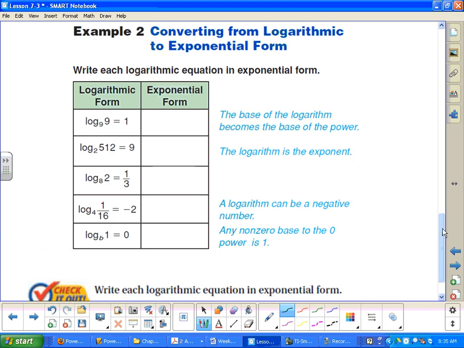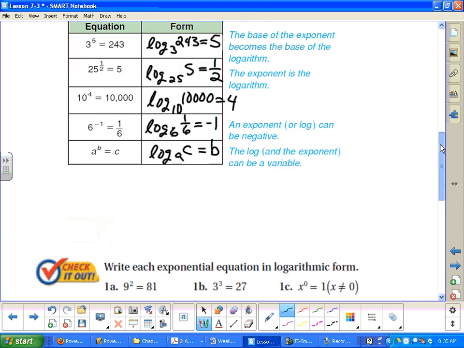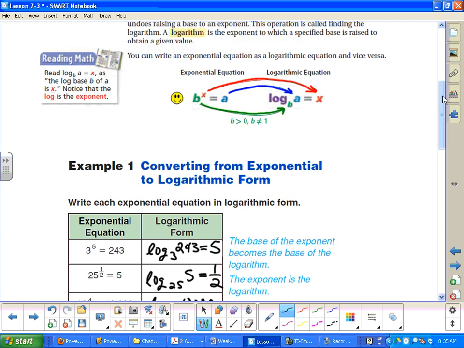When we look at this form here, all we're doing is going backwards. The base is still my base. The answer is my exponent. And whatever this value of a is here, that's going to be the value of a there.